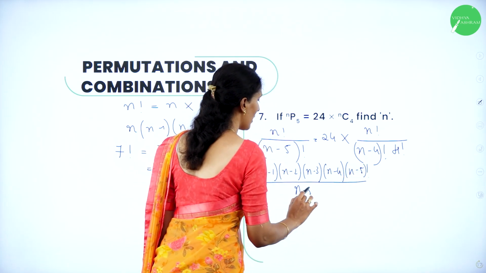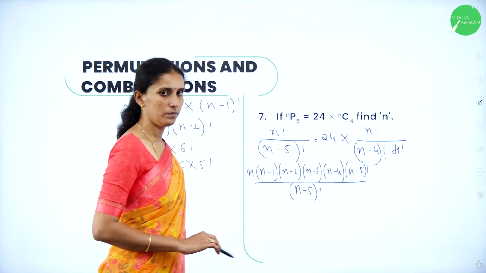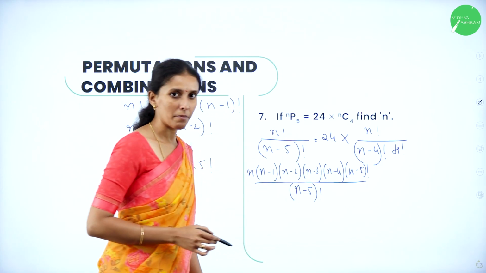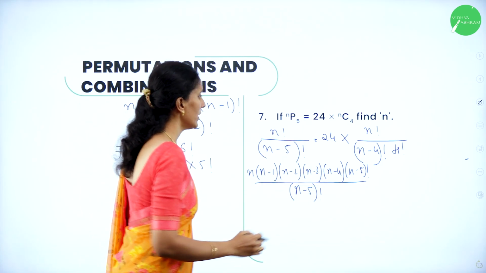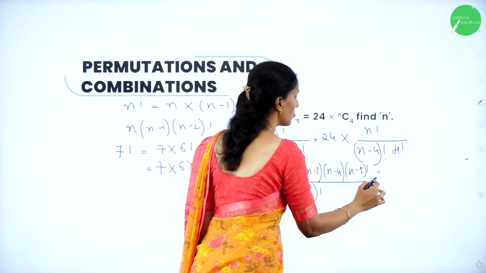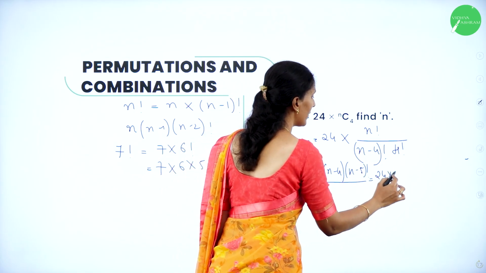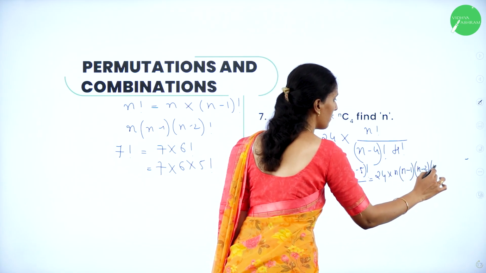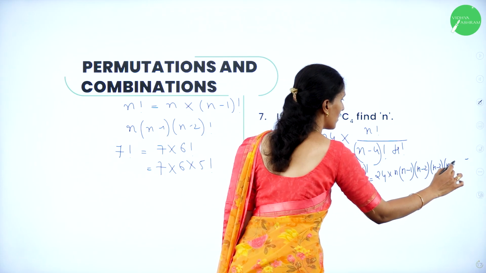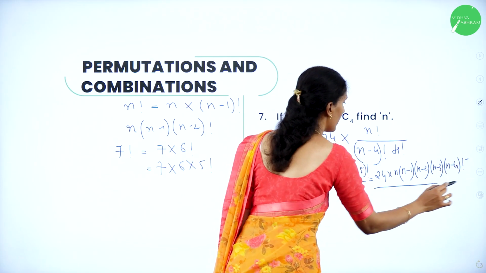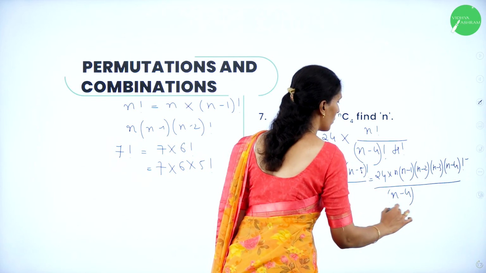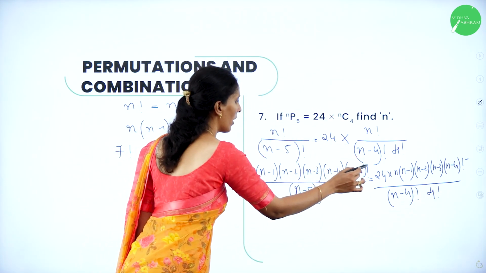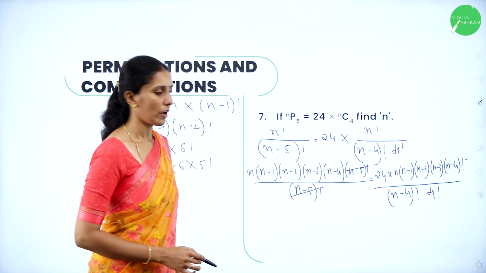Or you can simply write till (n minus 4), because we have a factor (n minus 5) factorial which will get cancelled. So this is equal to 24 into, here also I can write it as (n minus 1), (n minus 2), (n minus 3), (n minus 4) factorial divided by (n minus 4) factorial into 4 factorial. Okay, I can cancel (n minus 5) factorial here.